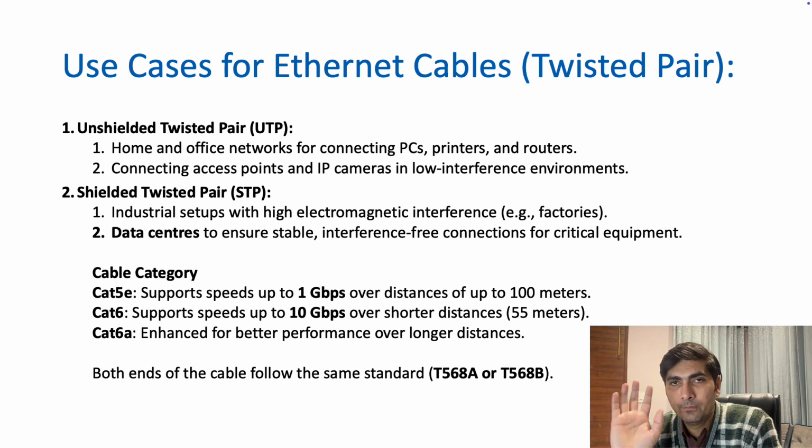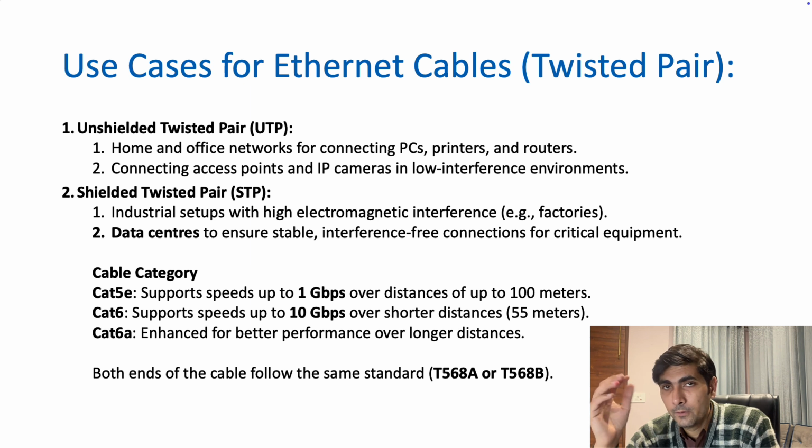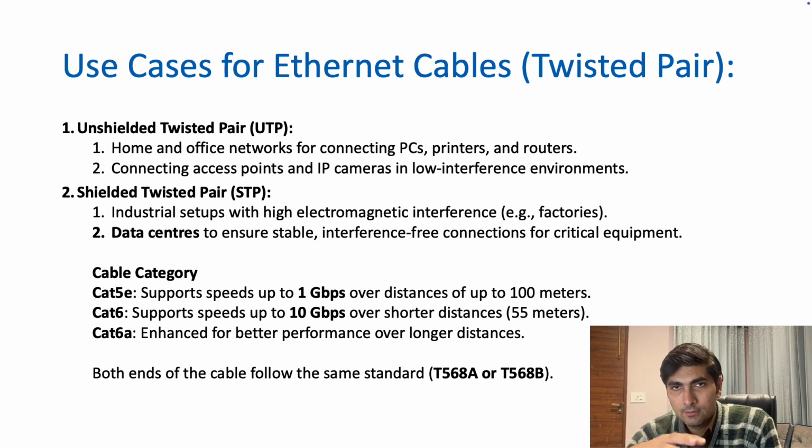If you have a device which draws power using PoE, meaning power over Ethernet, like your IP phones which you use in offices, or these cameras, you don't need to supply power separately. They can use it from your LAN cable, but your device, the switch, should be PoE supported.